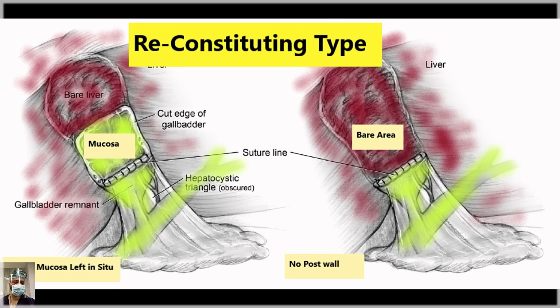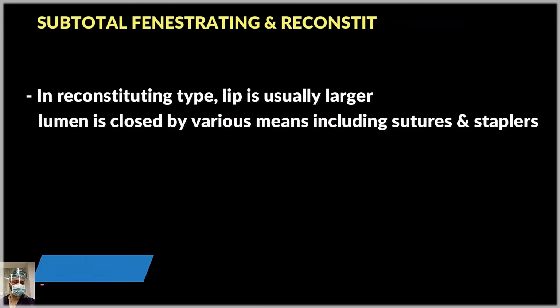So our preferred approach should be based upon your own experience and level of expertise. The reconstituting type can be easily accomplished laparoscopically, but for the fenestrating type you usually require conversion to an open procedure.